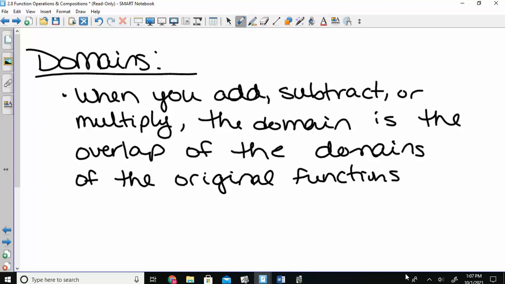What that tells me, when I add, subtract, or multiply, the domain will be the same every time. And what I have to do is look at the two originals, find everything that could be in both of those, and that's in my final domain.